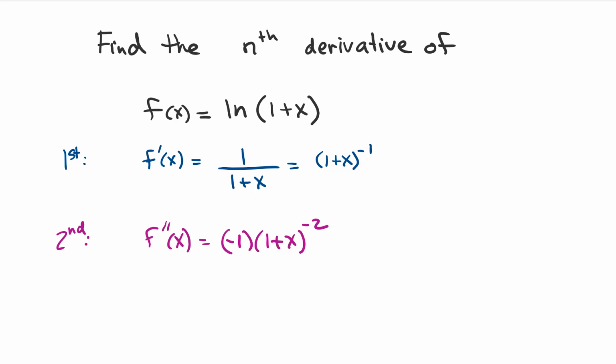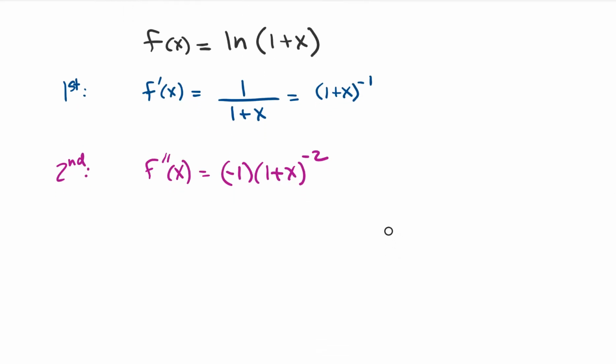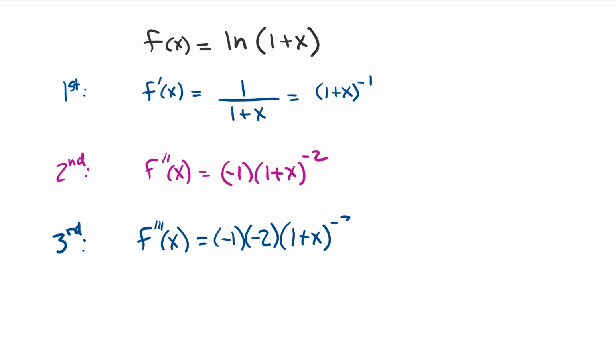All right, now let's do the third. You got to catch the pattern. So you start looking, trying to find it. So our third derivative. Now that negative 1 is still going to hang out, but that negative 2 needs to fall. So we put in negative 2 times our 1 plus x to the subtract 1 to the negative third power.